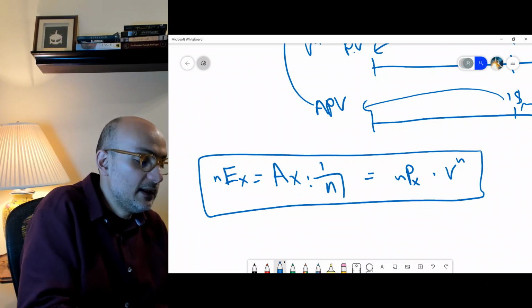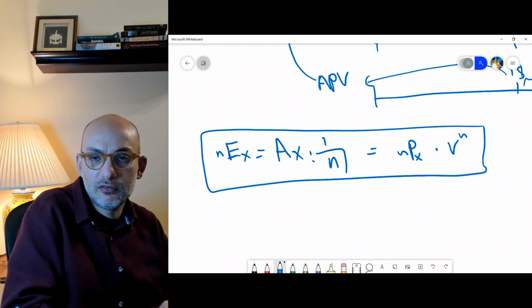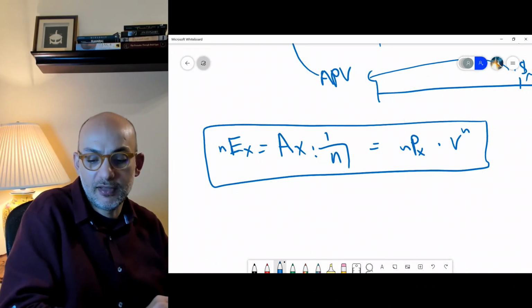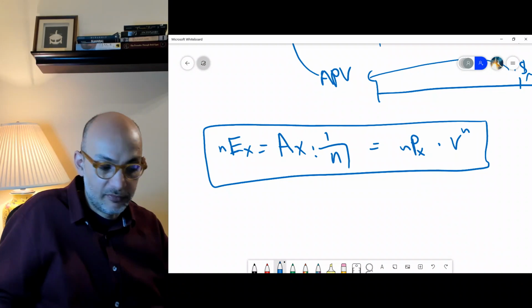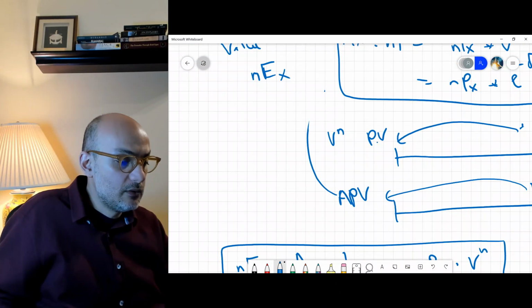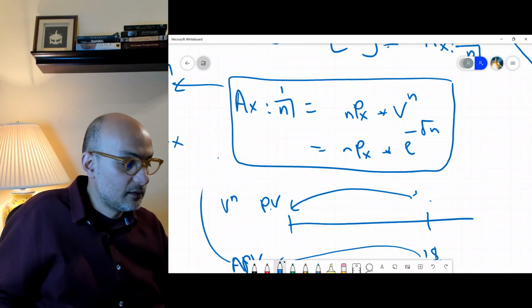And this capital E says this is the discounting factor, but the actuarial discounting factor, not only the present value but actually the actuarial present value. It's a very important concept.